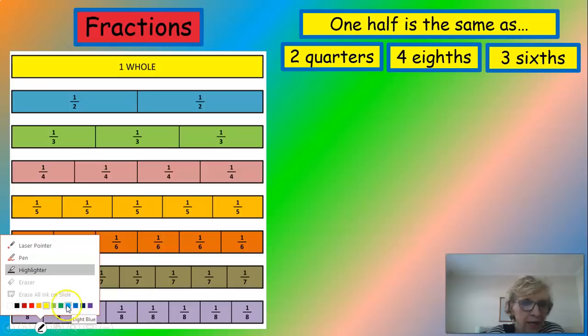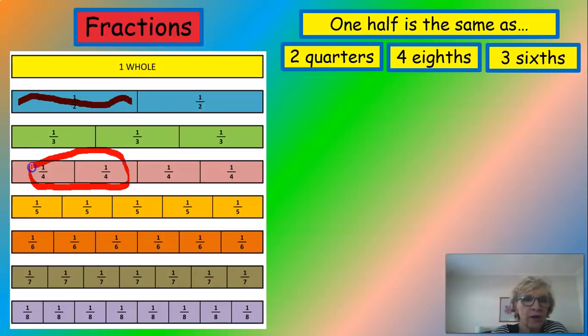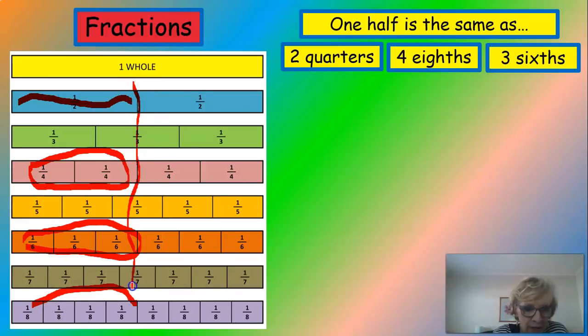I think I will make it red, and you will see that 1/2. So I'm going to highlight 1/2 there, right? Is the same as 2 quarters, 3/6, and 4/8. Right, so there we go, because it goes down that line there.